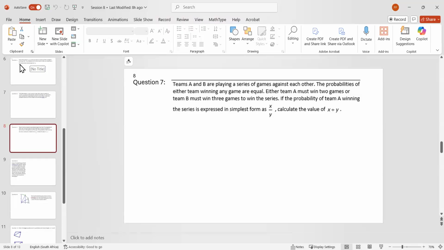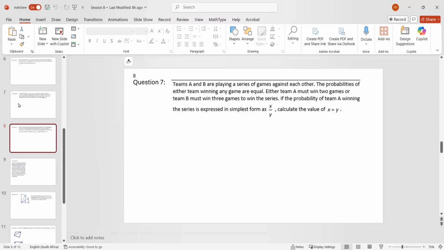I don't know what games they have, probably soccer or whatever. So suppose they're playing soccer against each other. The probabilities of either team winning any game are equal. In other words, these two teams have got the same strength.